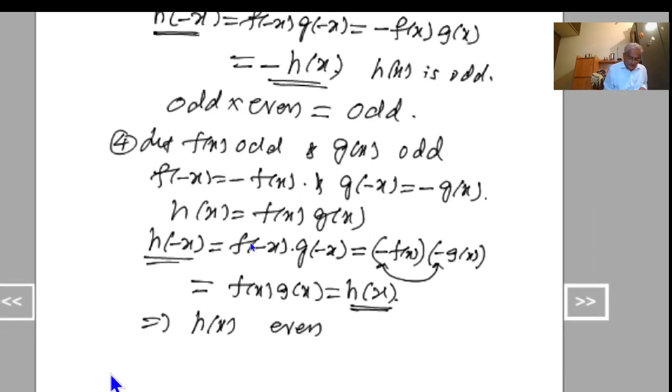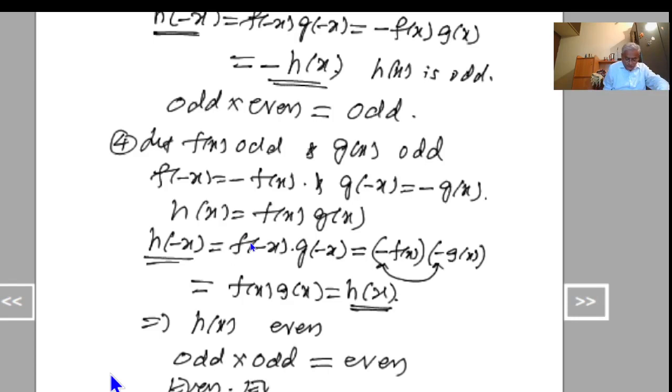So here I have considered f of x as an odd function and g of x also an odd function, but the product I am getting is an even function. So if f of x and g of x are any two functions, then even into even is always an even function.